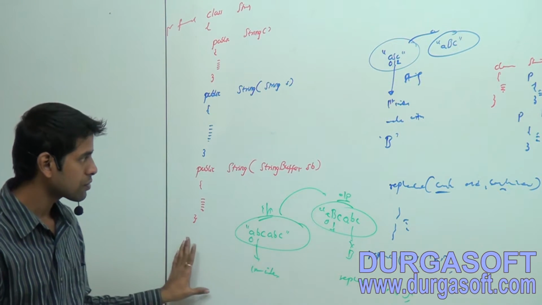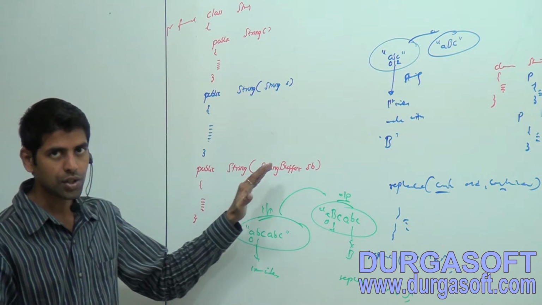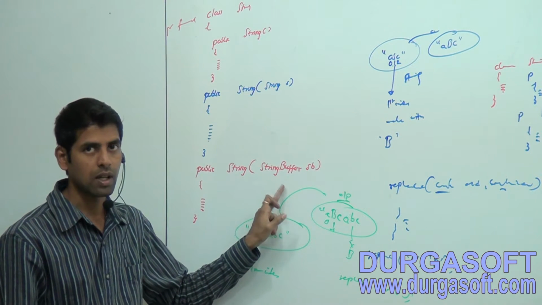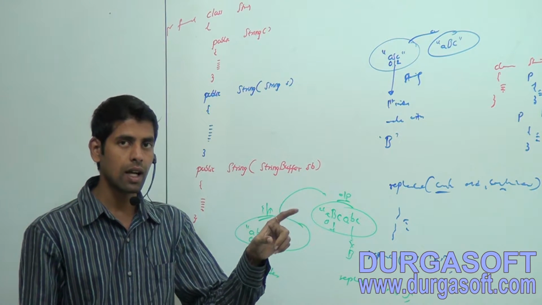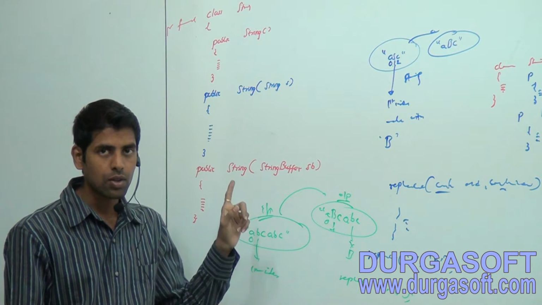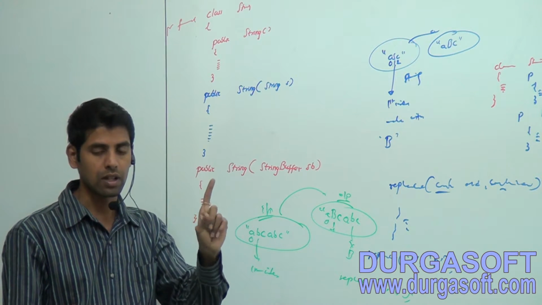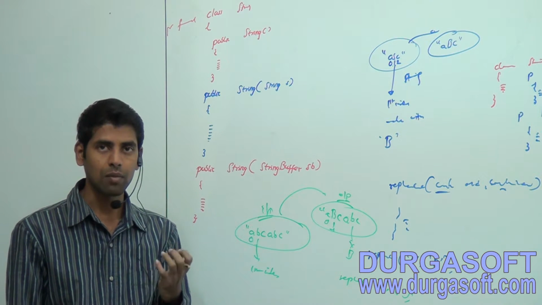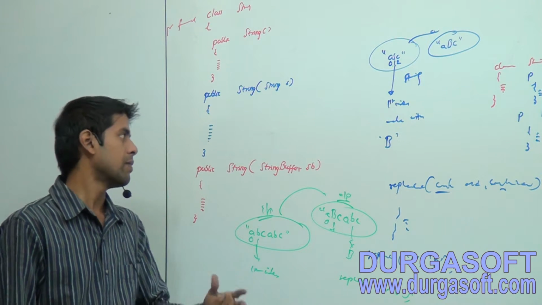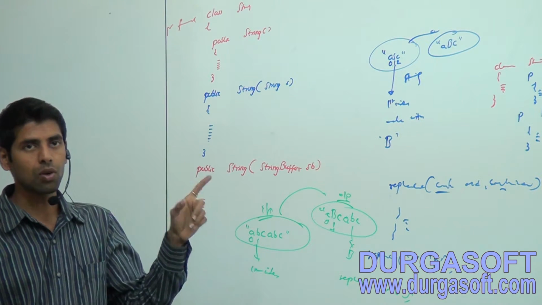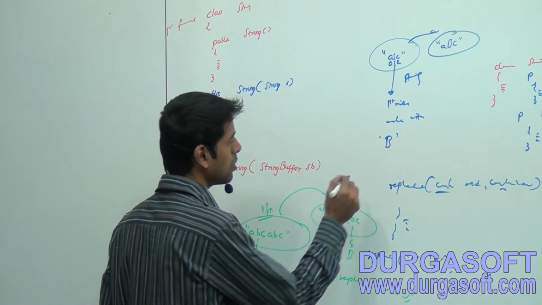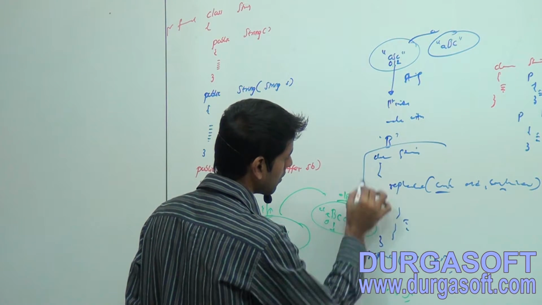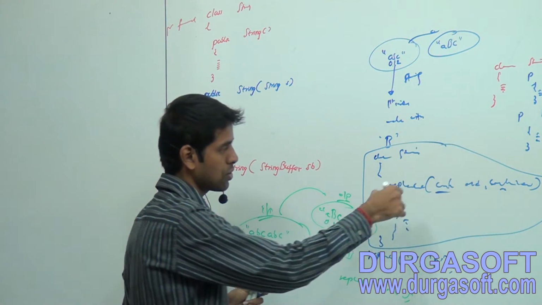So here we have one string class constructor with a StringBuffer argument. Why does the string class have a constructor with StringBuffer? Simple reason: we cannot achieve some requirements by using the string class methods only. And this replace method is available within the class called String.